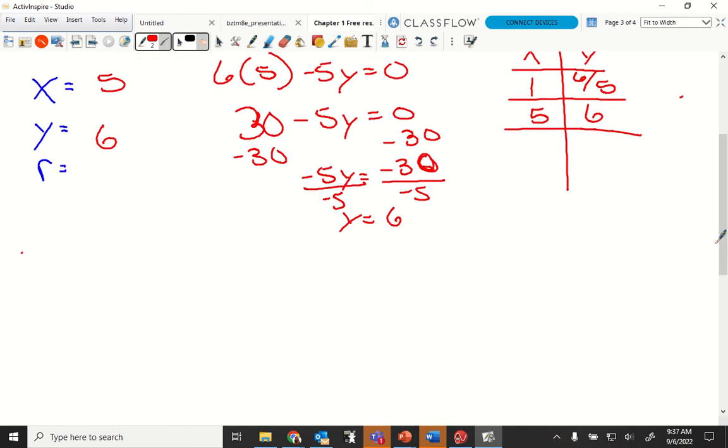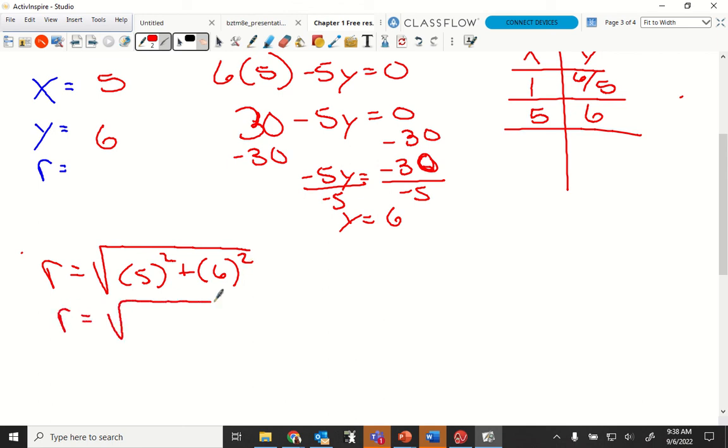So I do the Pythagorean Theorem. So r is equal to the square root of 25 plus 36, like that, right? This is from the formula that was straight in our notes. r equals the square root of 25 plus 36. 41?